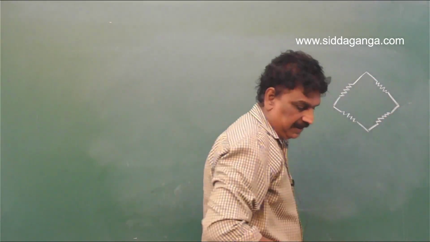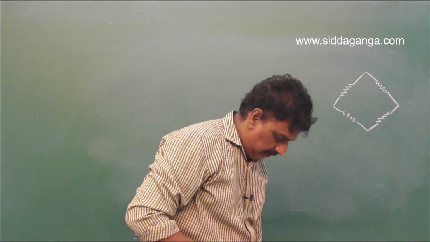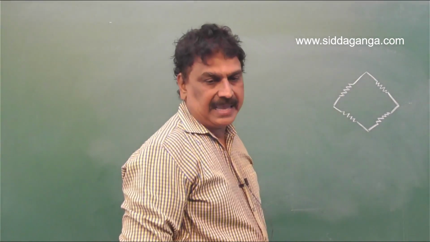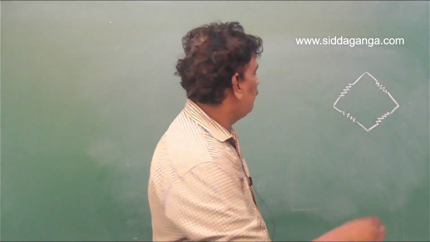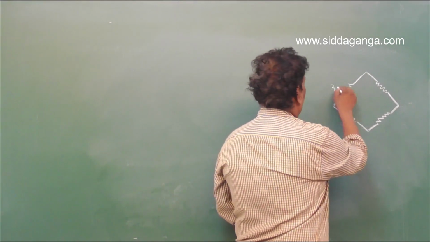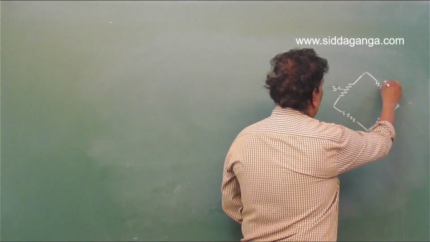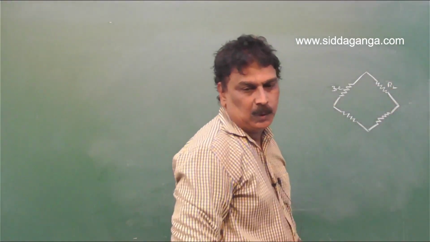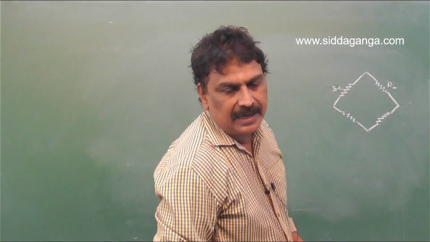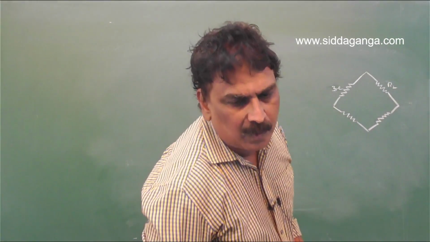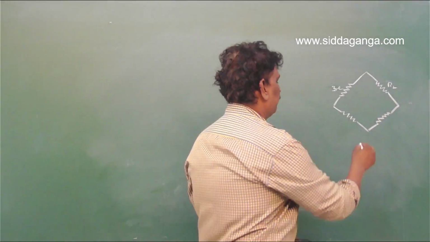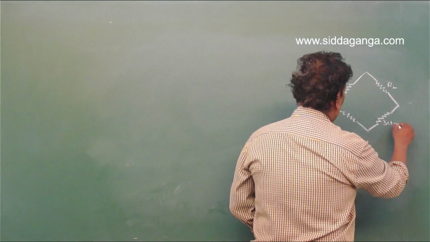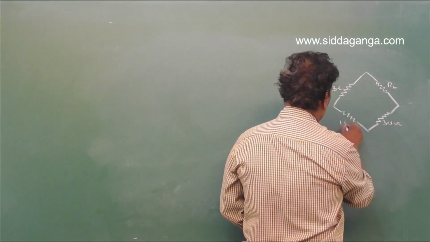We have an inner network in cyclic order: 3 ohm, this is R2, and 30 ohm, and 50 ohm, 30 ohm and 15 ohm.